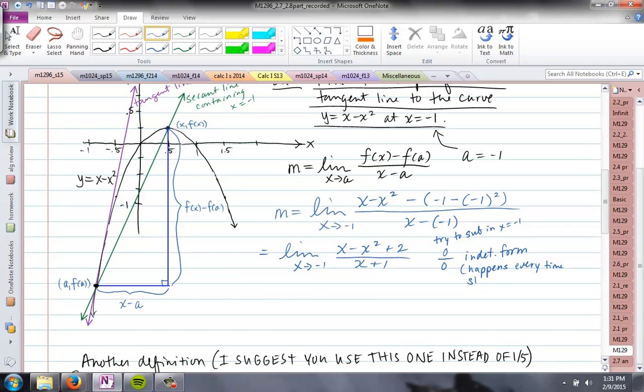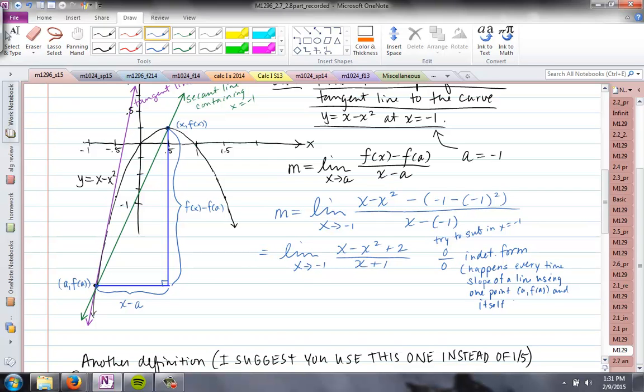It's like trying to find the slope of a line using one point, namely in this case a, f of a, and itself.